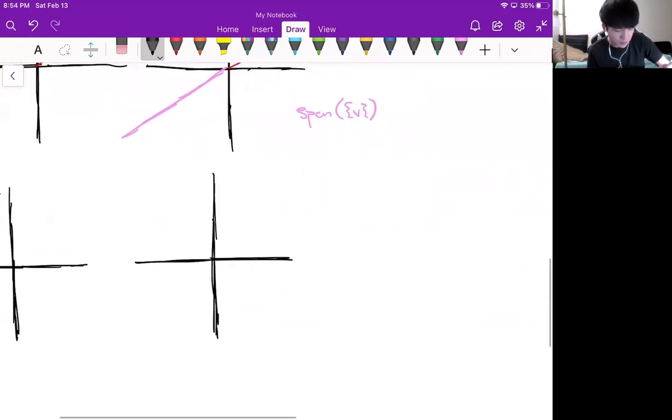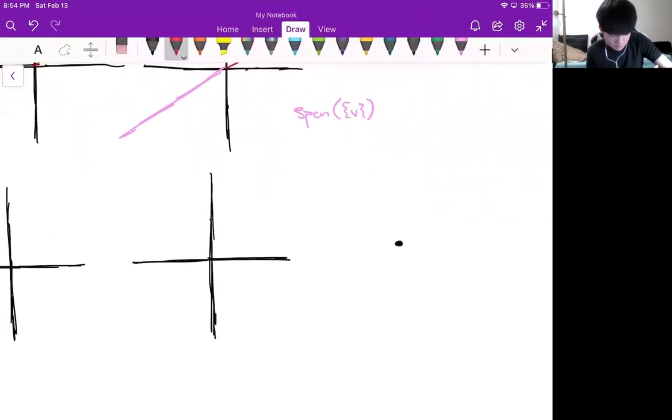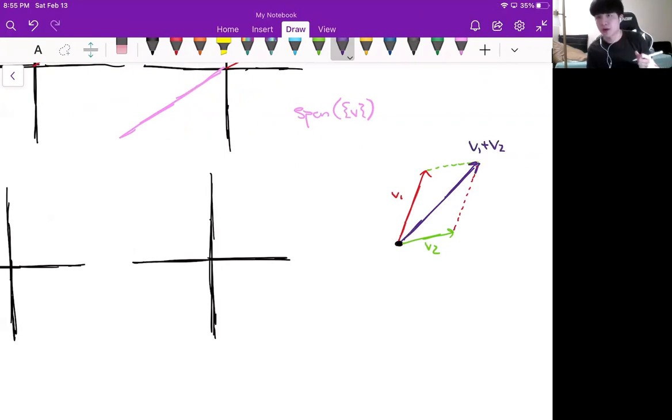You might remember that if you have V1 and then V2, then their vector sum is something that looks like this. You complete the parallelogram and then their vector sum is this new vector. Let's call that V1 plus V2.